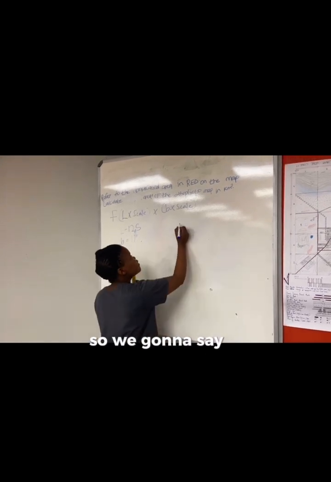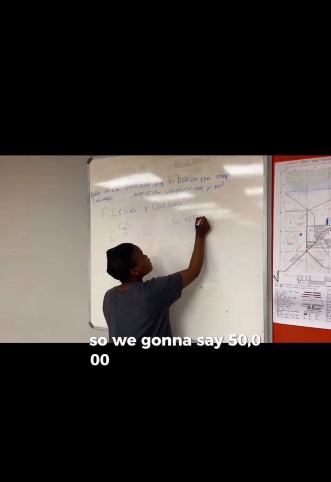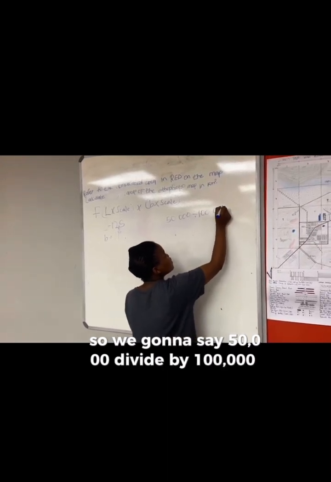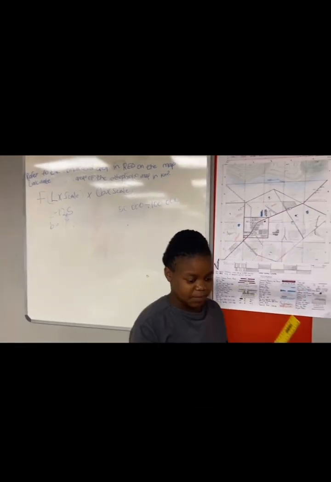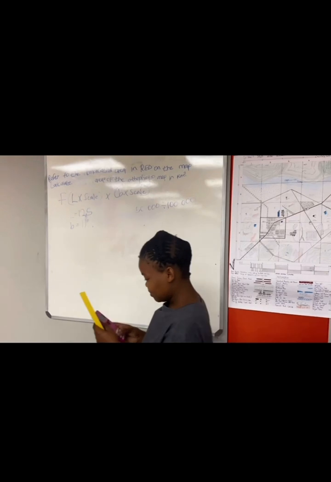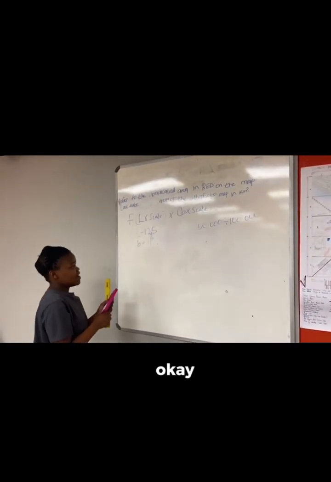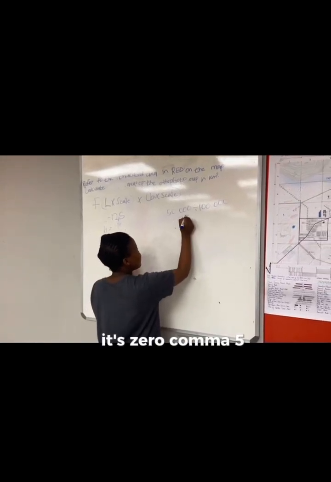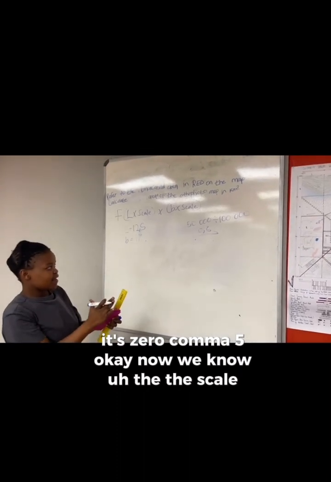So we're going to say 50,000 divided by 100,000. It's 0.5. Okay, now we know the scale.